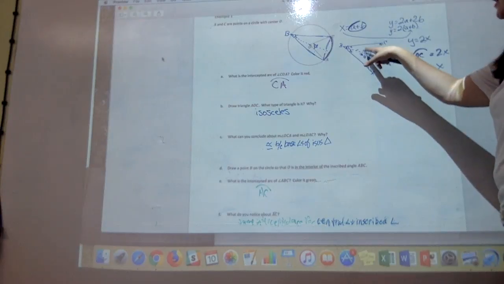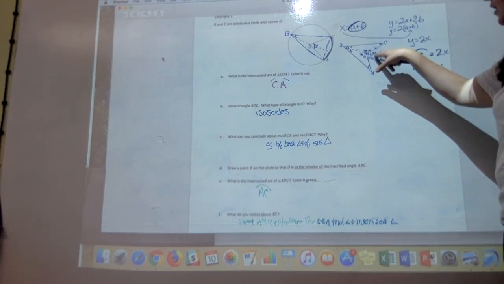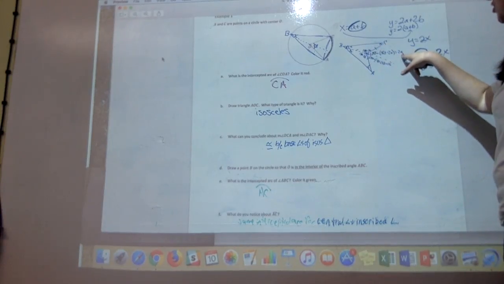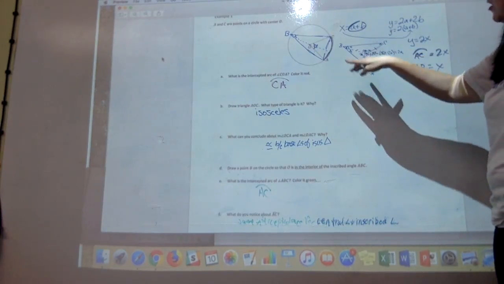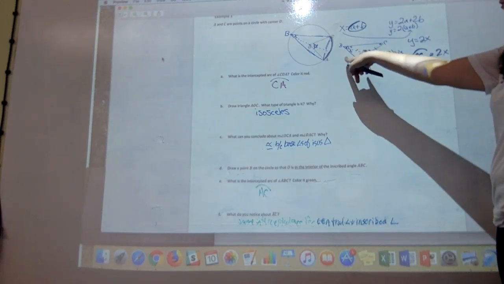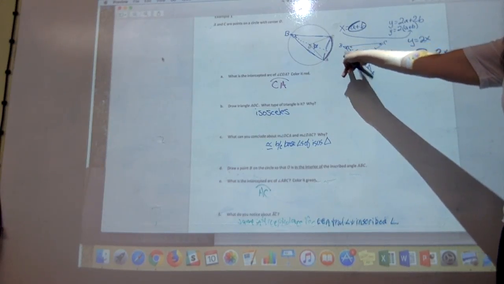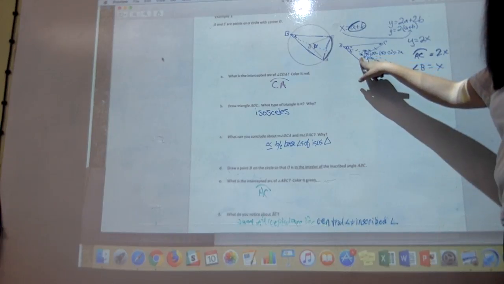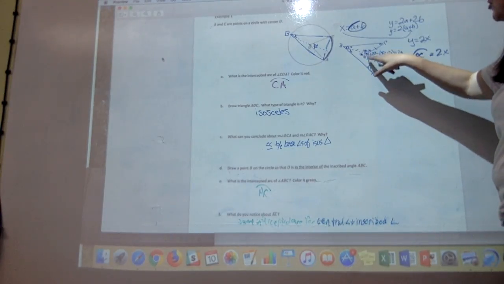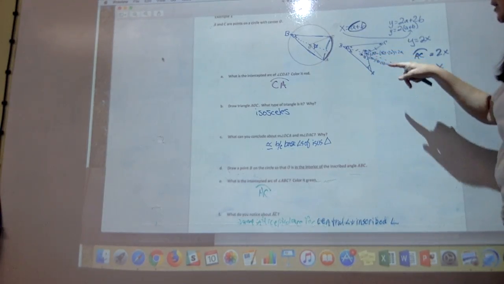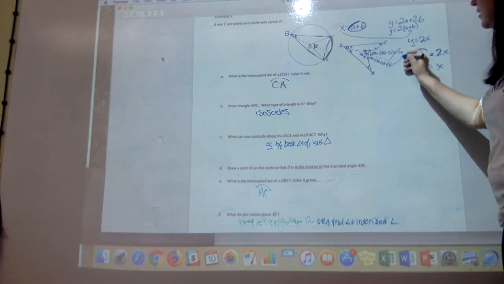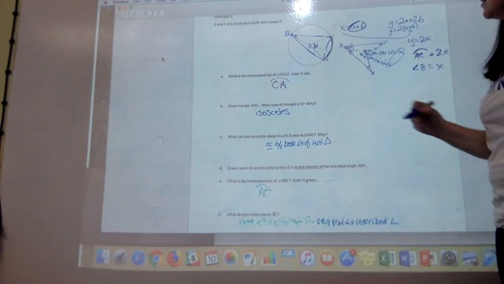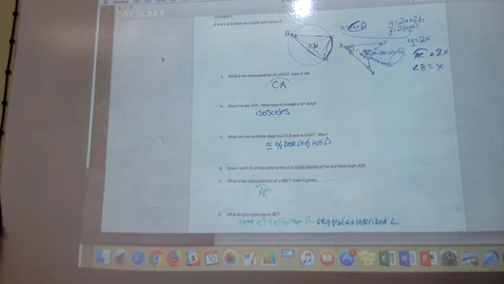And then because this is a straight line, this is 180 minus this, which just gets me back to the 2A. And then the same thing over here, except these are different angles, so we call these B. 180 minus 2B. To make a straight line, we just make these 2B. And so then we get together Y is this amount and X is that amount.